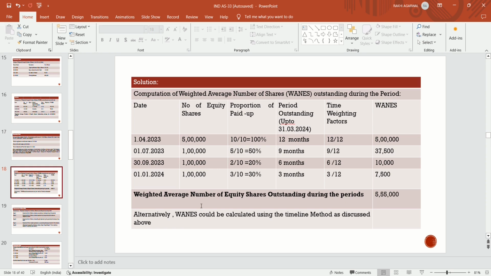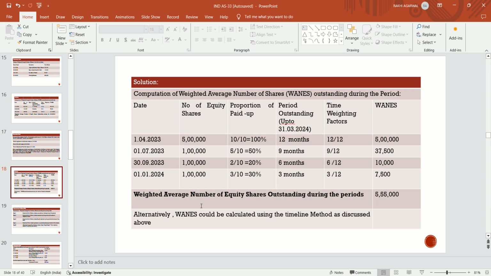The amount was received on 1st January 2024, so 30% shares become fully paid up. 3 divided by 12 is the time weighing factor, so it becomes 7,500. So the weighted average number of equity shares outstanding during the period becomes 5 lakhs plus 37,500 plus 10,000 plus 7,500. So it becomes 5 lakh 55,000.